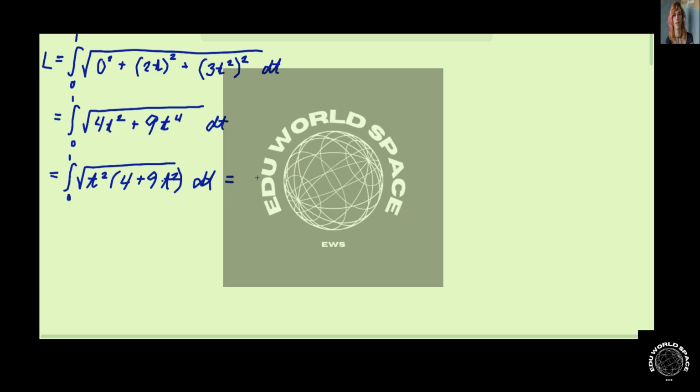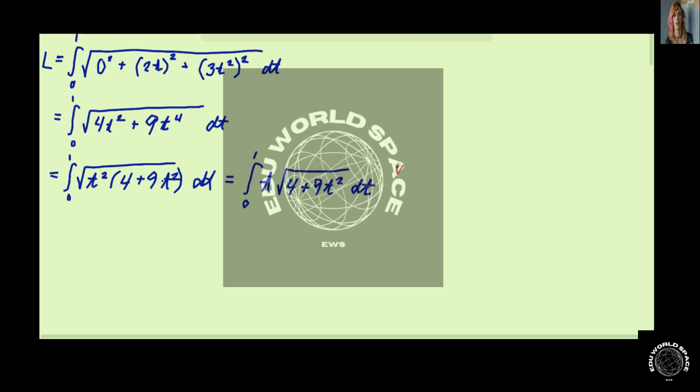The square root of t squared is t, so I can just pull that out of my radical, leaving the square root of 4 plus 9t squared. Why is this nice? Because now I can do some u substitution.